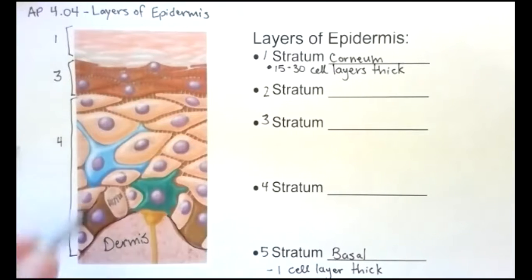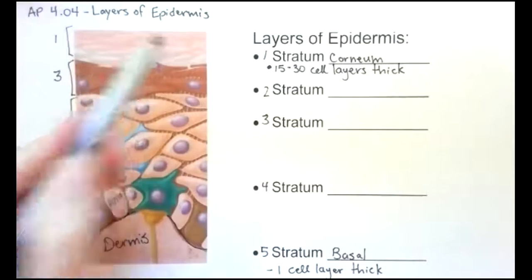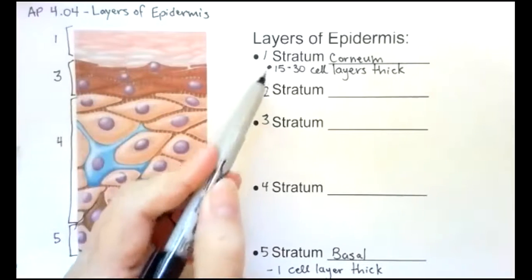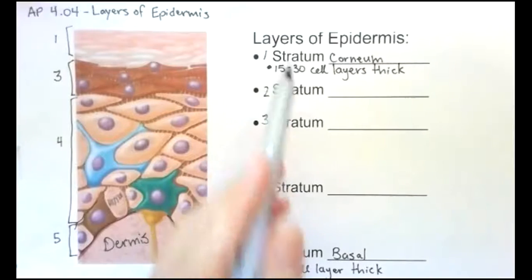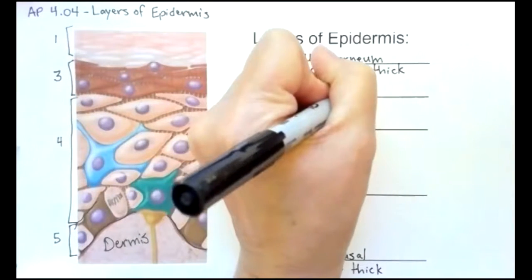So if you add all the layers up, this is the way we're going to divide it. The entire thing is considered to be a layer, so we have the epidermis. We have 5 sublayers from the corneum. Let's fill these in now. The second one is called the stratum lucidum.